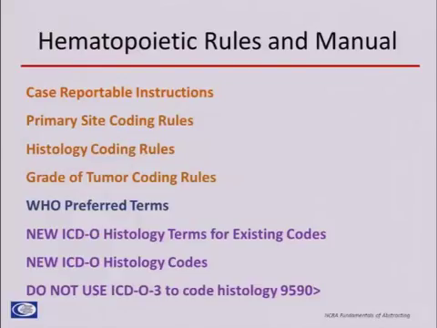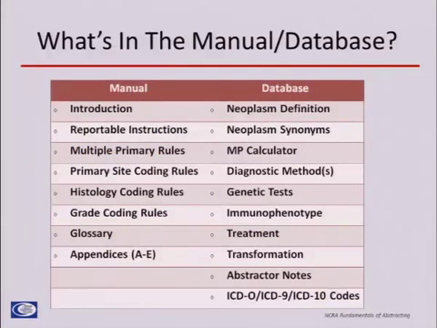It's harder to do in the alphabetical section because you have to go line by line. So just try and remember that. For some people, it can be difficult to remember because people want to do a quick reference, and popping open the database every time to do it is kind of a nuisance, but it's the only way you're going to get the right answer every time. So here is a comparison of what's in the manual and what's in the database.